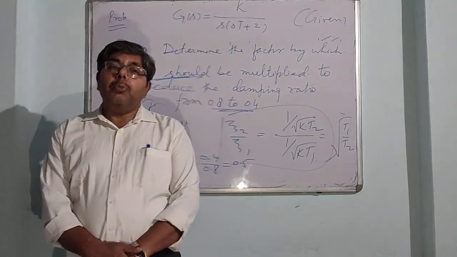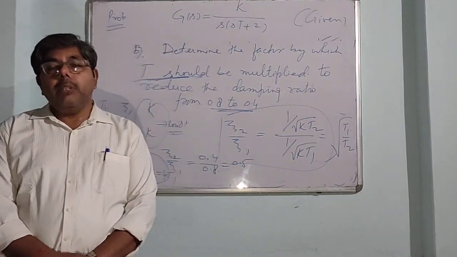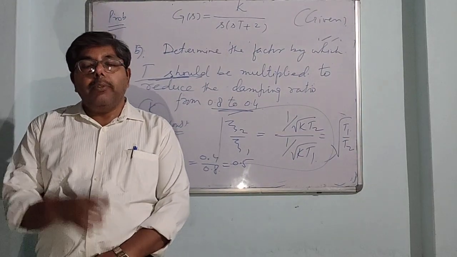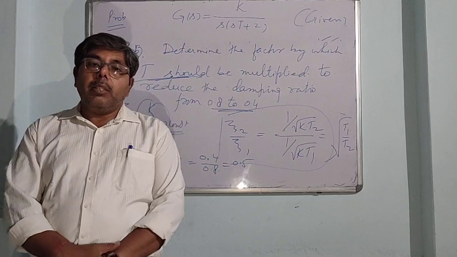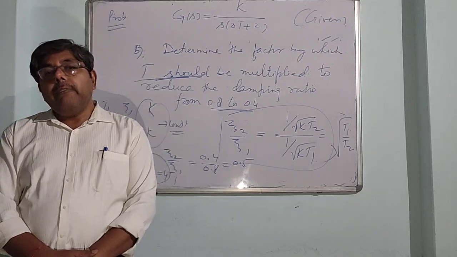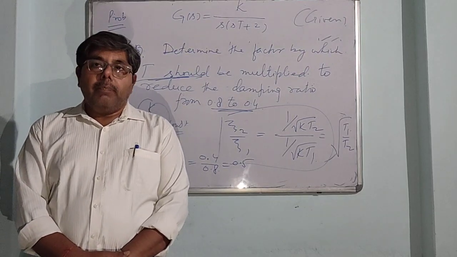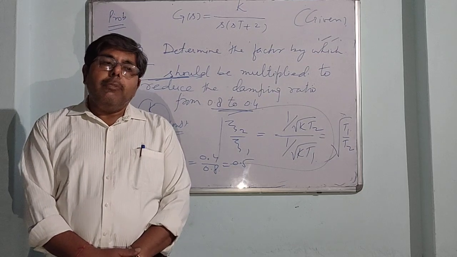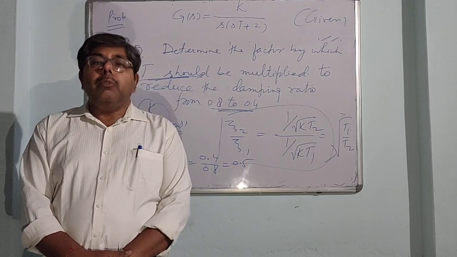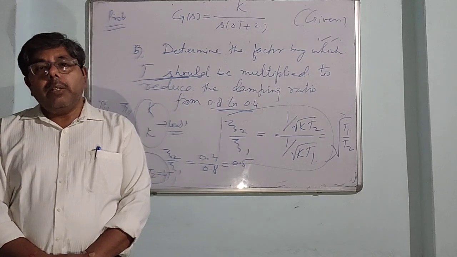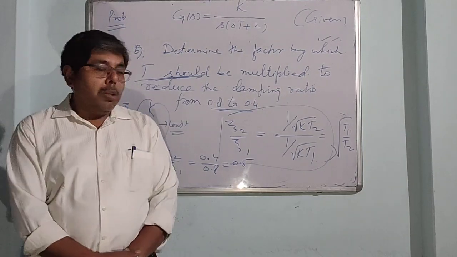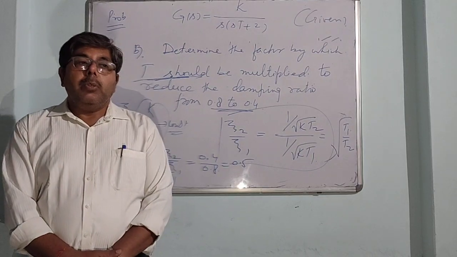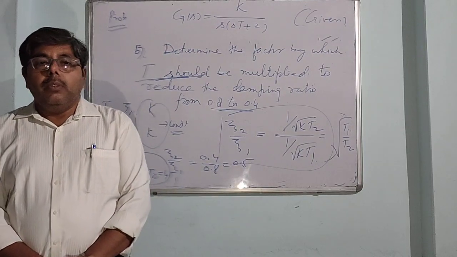First we have to write the closed loop transfer function for the given system. Then we compare this with the standard form and find omega n and zeta. Then from these two basic quantities we can calculate all other parameters. Okay, this is all about time domain specifications. Thank you.